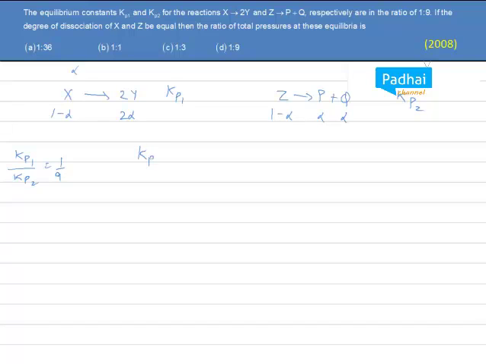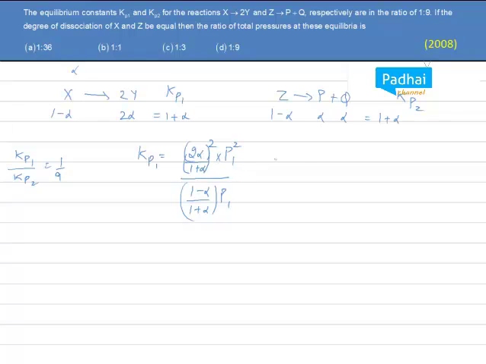So that means Kp1 will be given by 2 alpha whole square divided by the total moles, which is 1 plus alpha, into P1 square, basically, because Kp is the partial pressure of Y square divided by the partial pressure of X. So this is the partial pressure of Y, and the partial pressure of X will be 1 minus alpha divided by 1 plus alpha into P1, right?